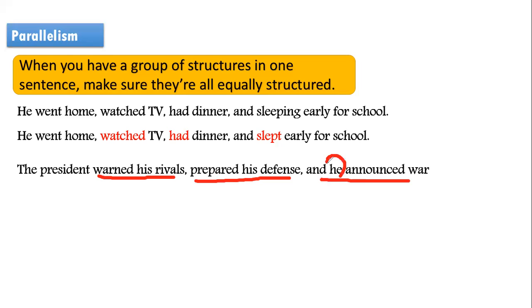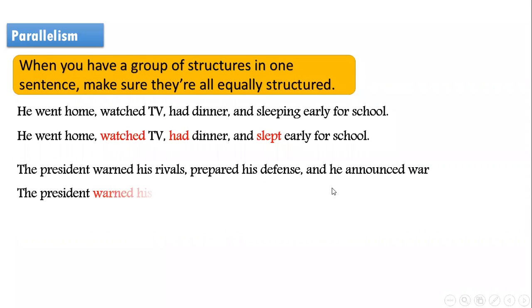The word he in this part is extra, because I have only one president who did this, this, and this. So I don't need the word he here. In this case, the sentence should read like this: The president warned his rivals, prepared his defense, and announced war.